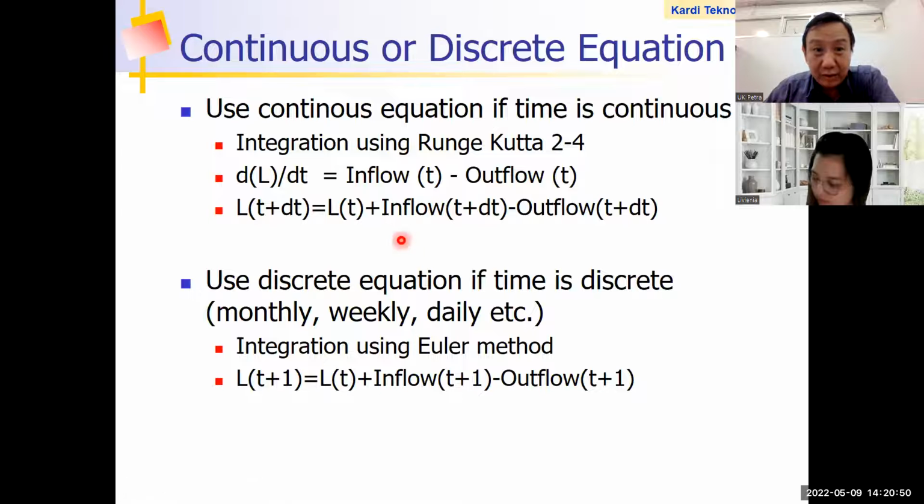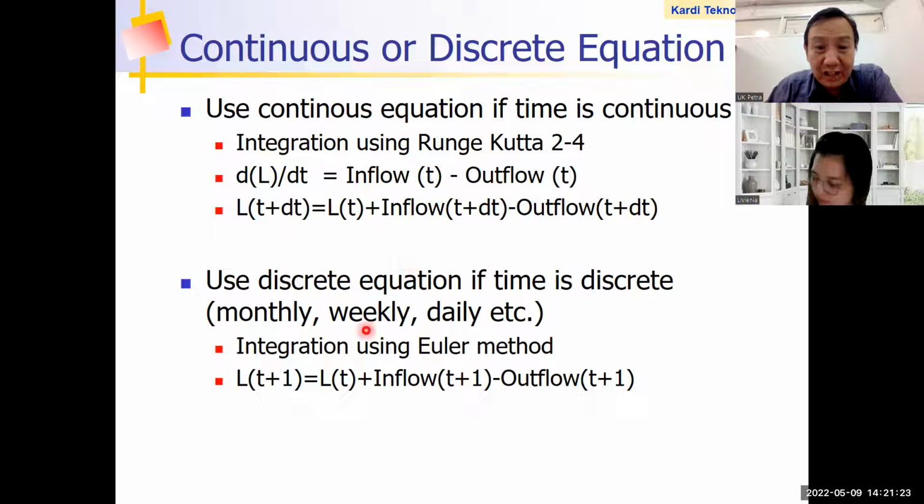If you use continuous equation, you use differential equation, and if you want to put it into a computer, you need to use integration. So go to my website. I have examples of Runge-Kutta 2, Runge-Kutta 3, Runge-Kutta 4, or the Euler equation that uses integration.